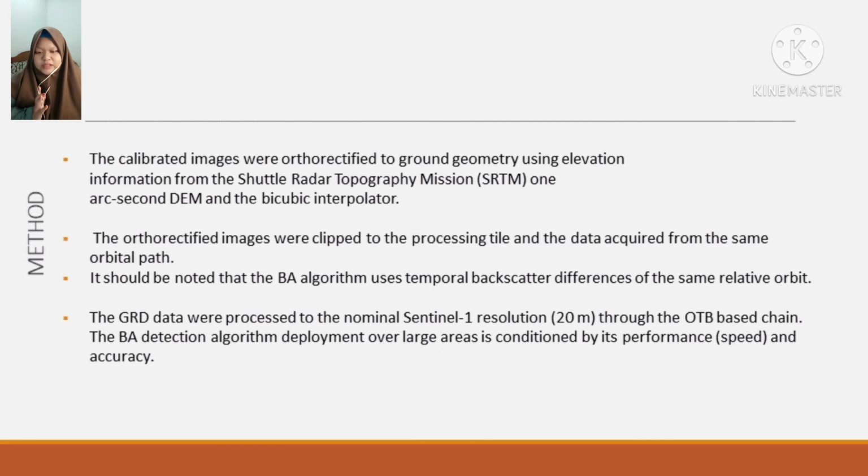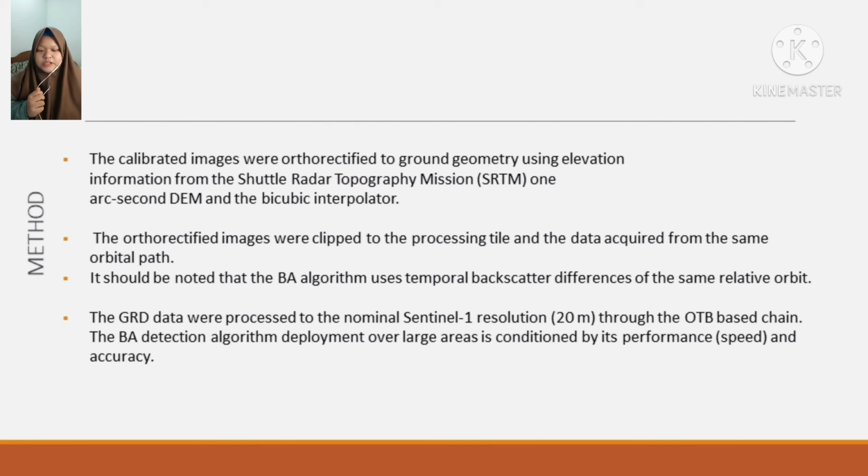The second step is that calibrated images were orthorectified to ground geometry using elevation information from the Shuttle Radar Topography Mission, 1 arc second, and the precise orbit interpolator. The orthorectified images were clipped to the processing tile and the data acquired from the same orbital path. It should be noted that the BA algorithm uses temporal backscatter differences of the same relative orbit. The GRD data were processed to the nominal Sentinel-1 resolution of 20 meters through the OTB-based chains.